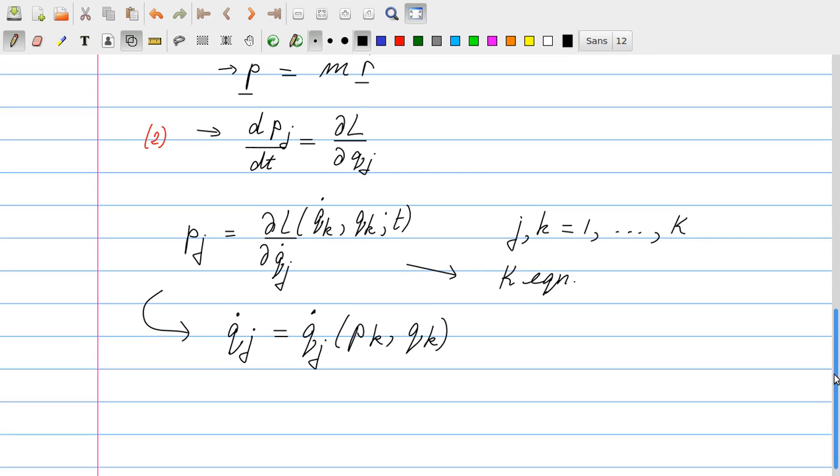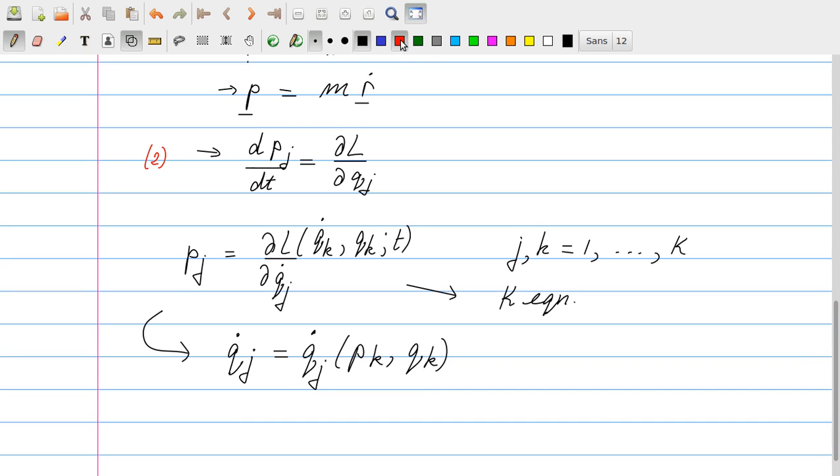And the simple example is the following. So here this is the qj dot, and this is the pj, and we see that this goal to write the qj dot in terms of the pk and the qk is in this case obtained rather trivially, because we can write r dot is p over m.